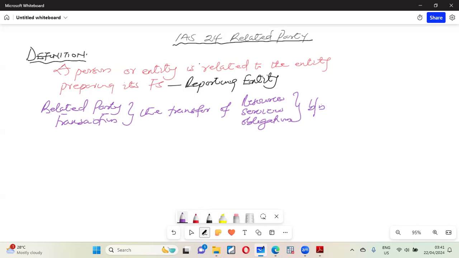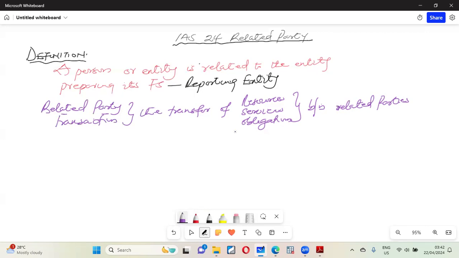So related parties are those that are related to the reporting entity. So if there's a transfer of resources, service or obligation between related parties, all right, regardless of whether a price is charged or not.